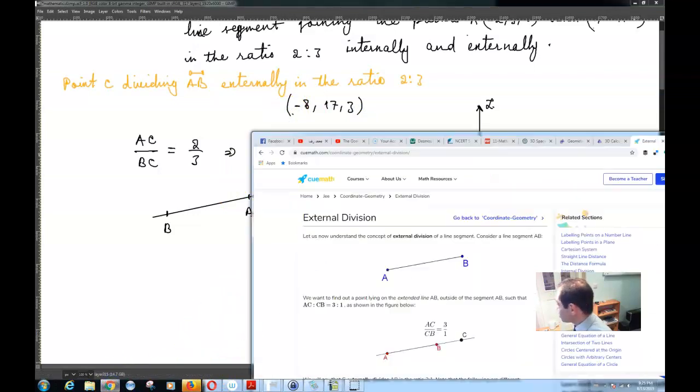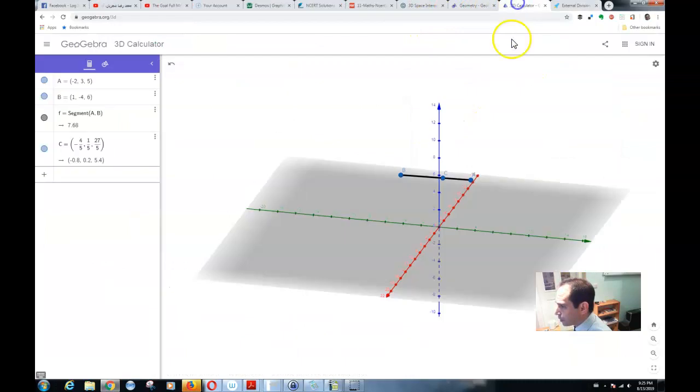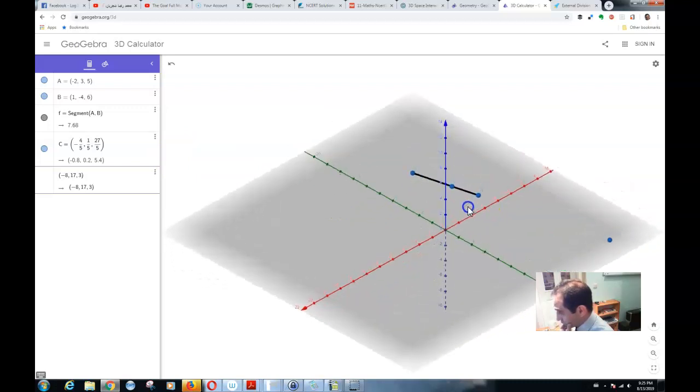If I put the point over here, this point is (-8, 17, 3). And as you can see, it is a little bit different from what we discussed.